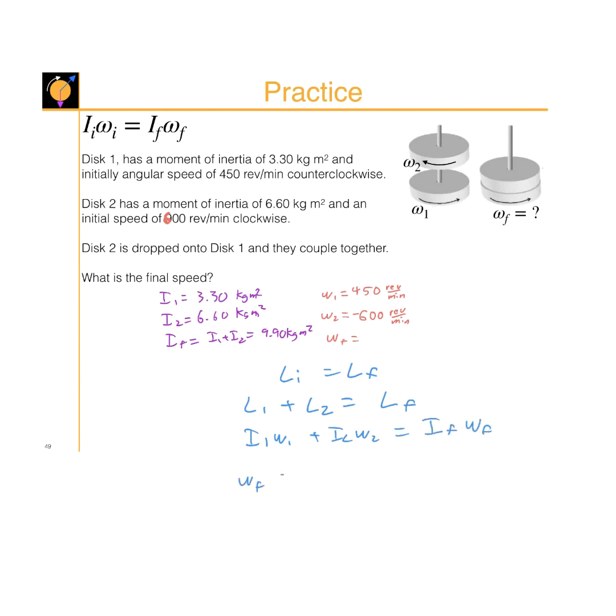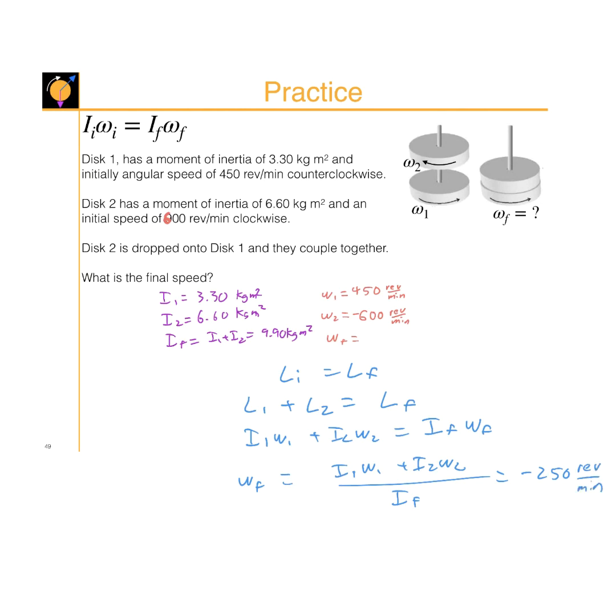So omega final is equal to that. We'll just solve for omega final, right? And when I plug everything in there, I end up with minus 250 revolutions per minute.